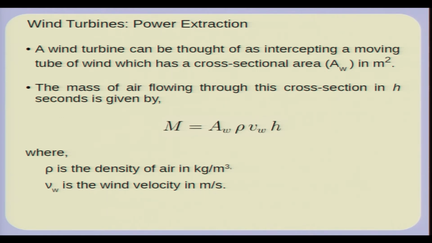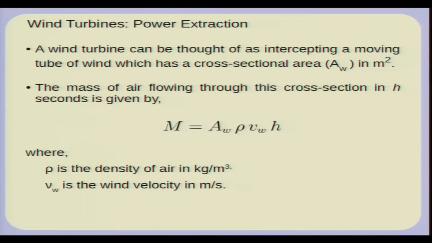If your wind turbine has blades and it is rotating, the area swept by the blades of the turbine is called AW. So, if the radius of the blades is r, then AW will be pi r square. Okay. So, this is the cross sectional area swept by the blade.